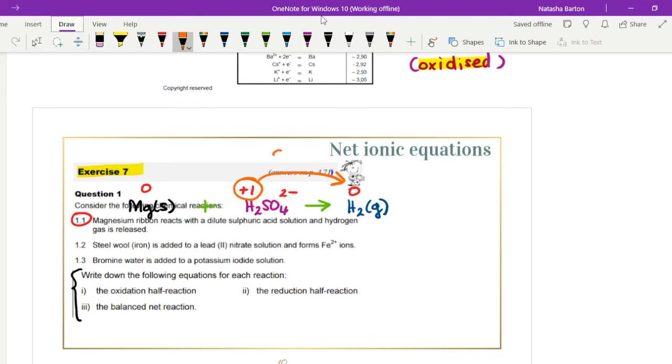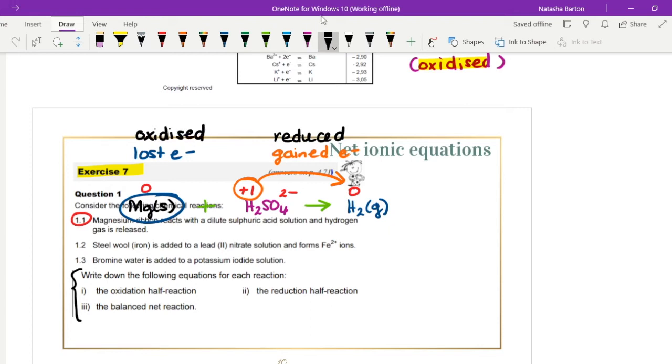That means that it has gained electrons to cancel out that positive oxidation number. And remember OIL RIG, oxidation is loss, reduction is gain. So that tells us that our hydrogen has been reduced. Automatically we know that the magnesium therefore would have lost electrons and is therefore oxidized.